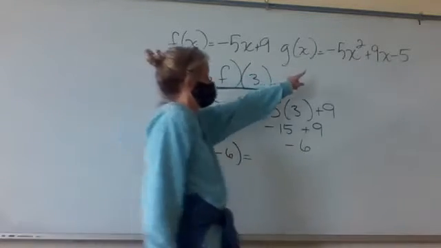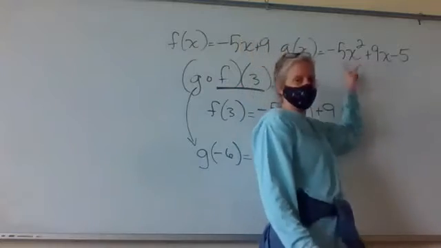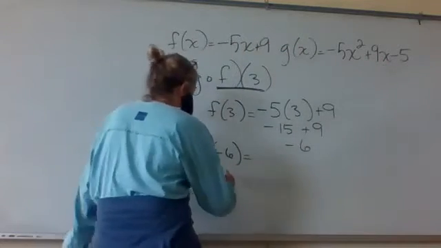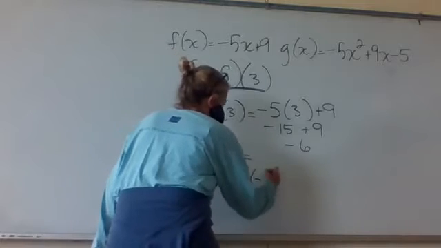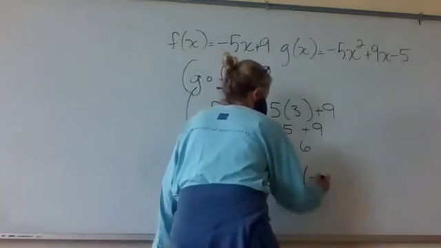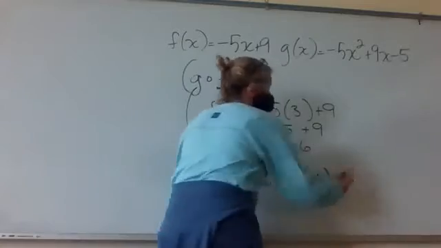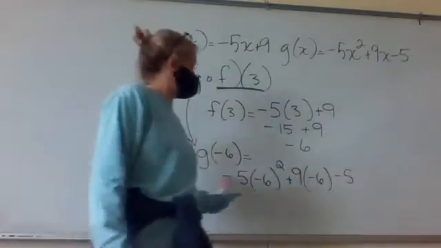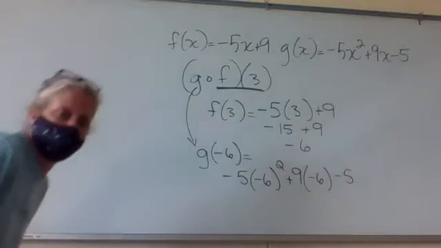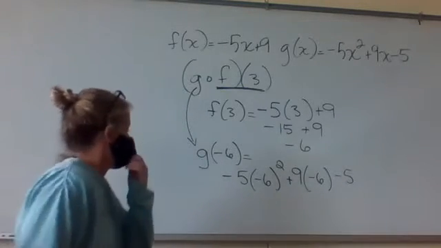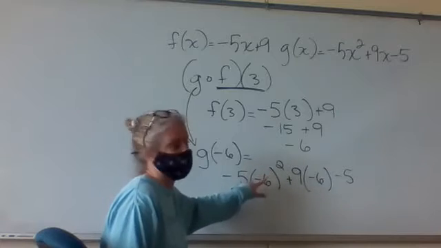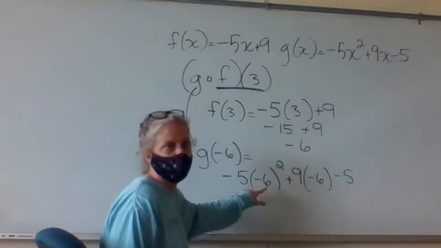Which tells me go to my g function this time and replace its x's with negative 6's. So if I do that, I'll have negative 5 times negative 6 squared plus 9 times negative 6 minus 5. You can literally just put that whole thing in your calculator, exactly how it's written. If you worked it out step by step, the order of operations would tell me to do that exponent first.